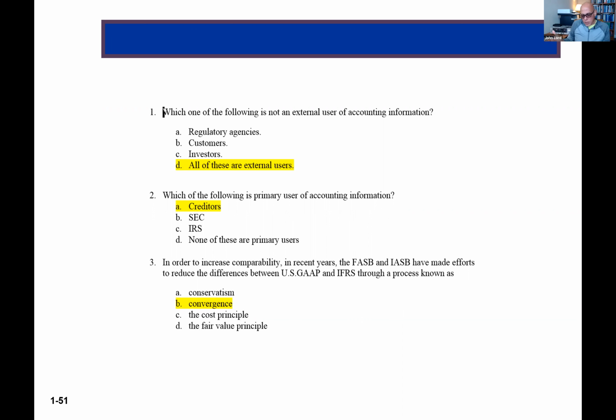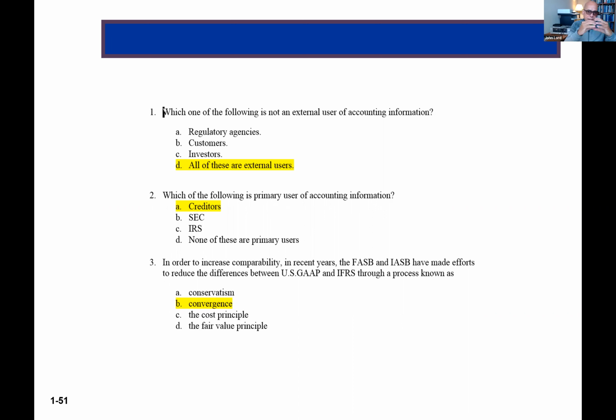So when it was clear that we weren't going to have the US come over to IFRS, the FASB and the International Accounting Standards Board got together and prepared a conceptual framework together. The conceptual framework is the rationale as to why the FASB or the IASB should require companies to do something.